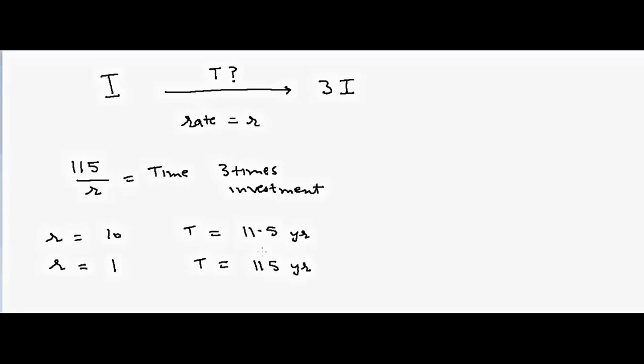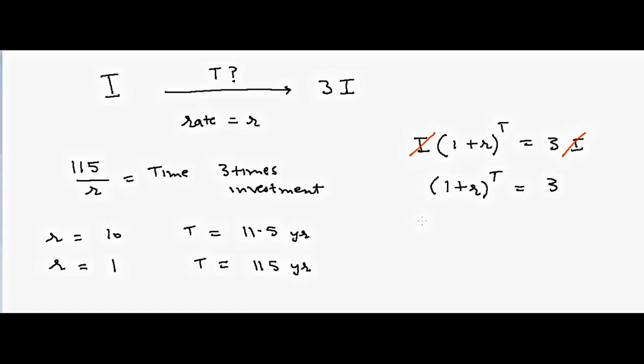So why does this happen? Let's try to solve this problem with the journal approach. The journal approach is to have your investment, and we multiply this investment by 1 plus the interest rate, and each year it is compounded, so we raise it to the power t, and that should be equal to 3I because we are looking for the investment to grow 3 times. In that case, your I will cancel out, and we're left with 1 plus r raised to power t is equal to 3.